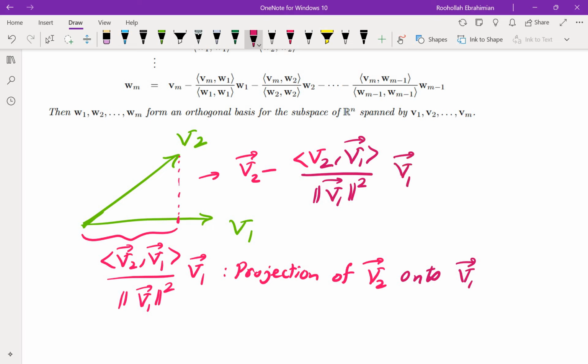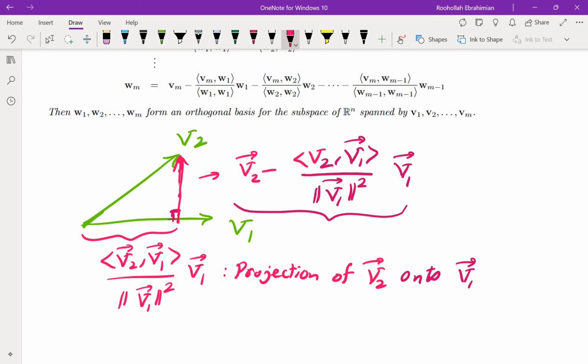And when we do that, we will obtain something that is orthogonal. When we were doing the Cauchy-Schwarz inequality, we saw that this is in fact orthogonal to v1. And clearly they also span the same set. It's not very difficult to see, but at least intuitively it's clear that this vector and v1 span the same space as v1 and v2.